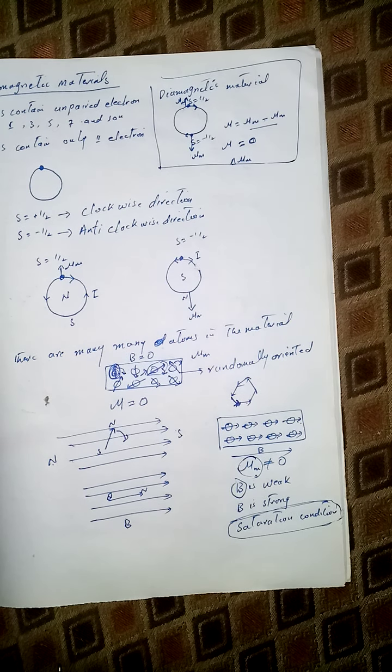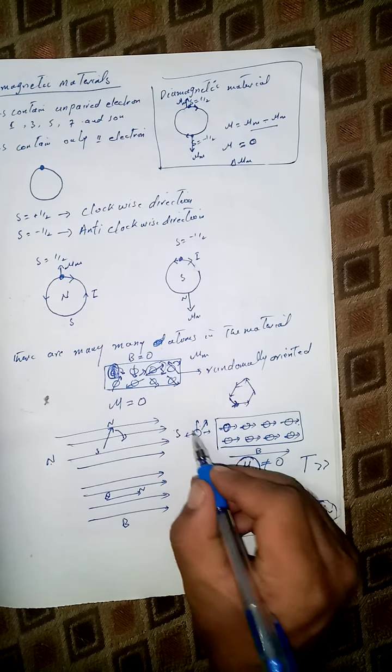Now the alignment of dipole moments also depends on temperature. Suppose we have room temperature, and at room temperature we apply a strong magnetic field and we get the maximum dipole moment. But as we increase the temperature above room temperature, what happens? Each individual atom now vibrates up and down, left to right, in any direction.